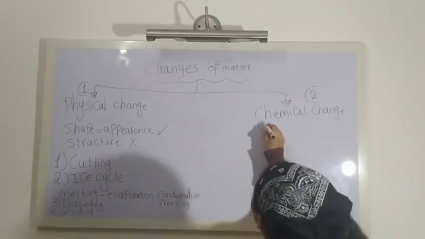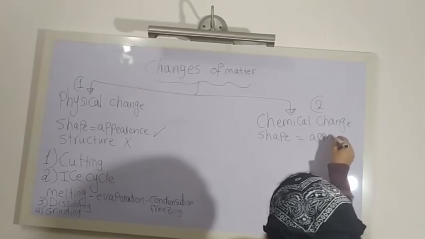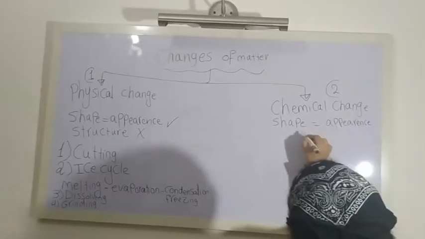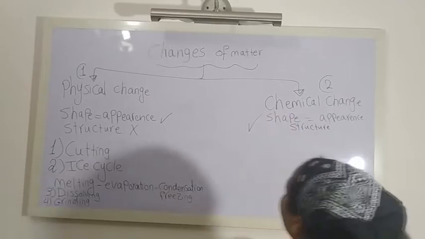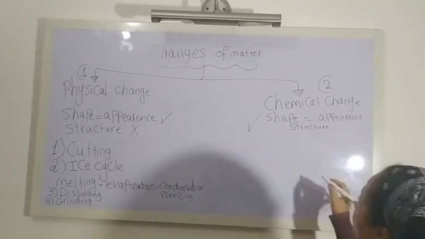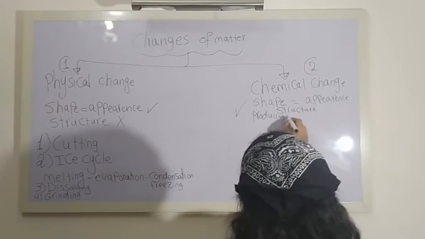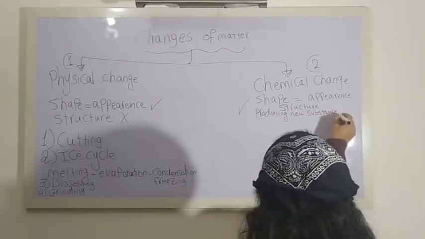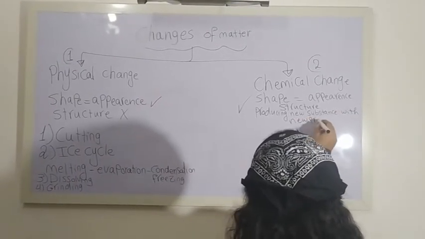Chemical change is a change in the shape or appearance, and also a change in the structure, producing a new substance with new properties.